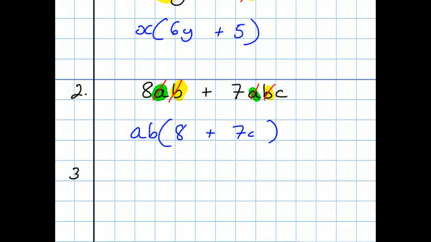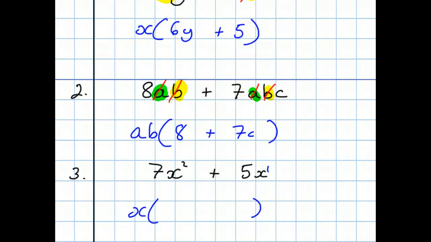Now, what you might get, if it's a particularly tricky paper, is this. 7x squared plus 5x. Now, what appears in both? Well, it's the letter x. But the highest power of x is just x to the power 1, or x as I call it.